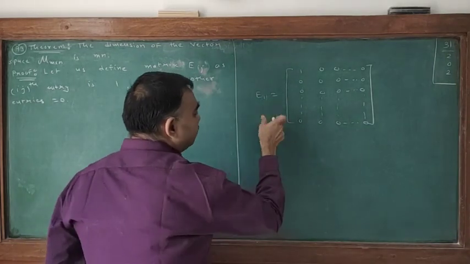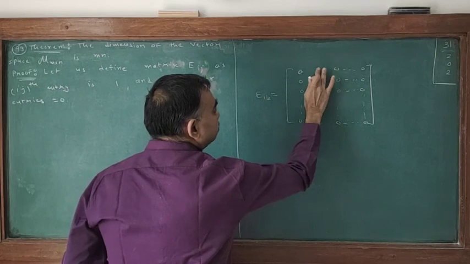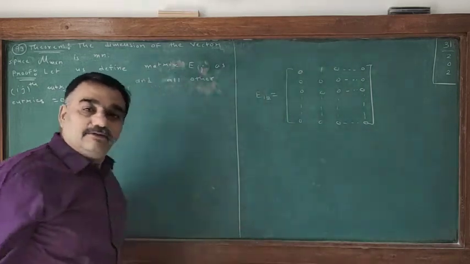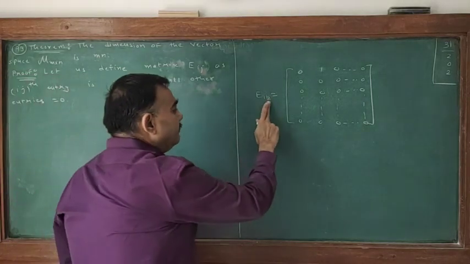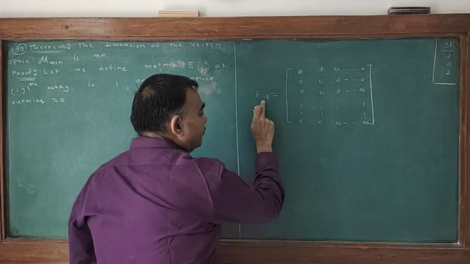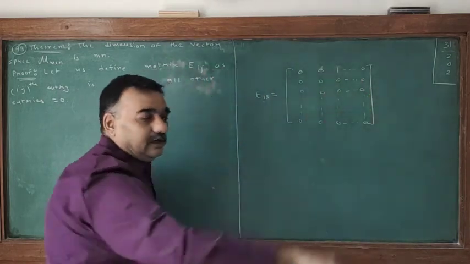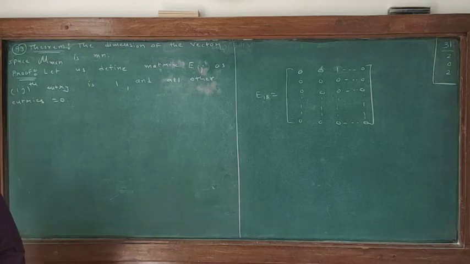If I define E12, first row, second column, then this is 1 and all other entries equal to 0. If I say E13, first row, third column, this is 1 and all other entries equal to 0. So the definition is very obvious.